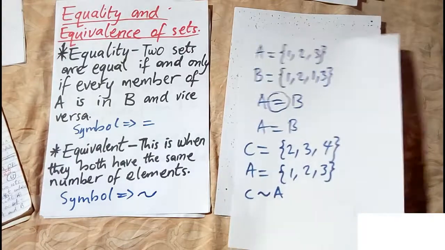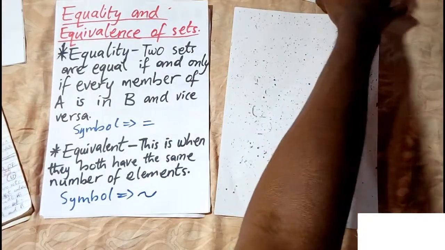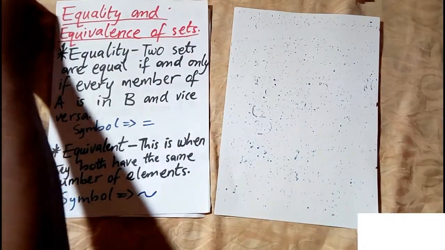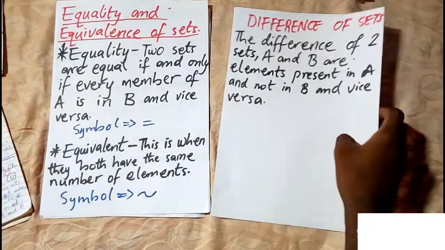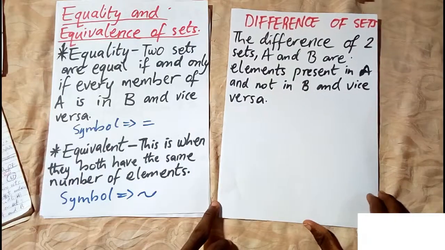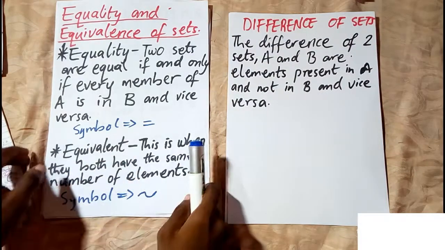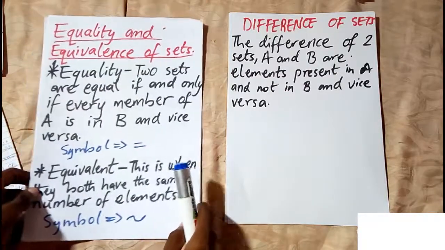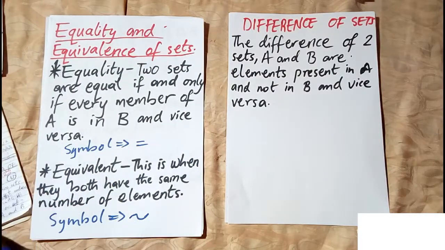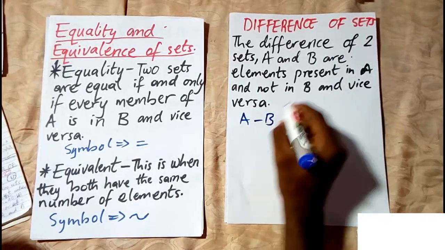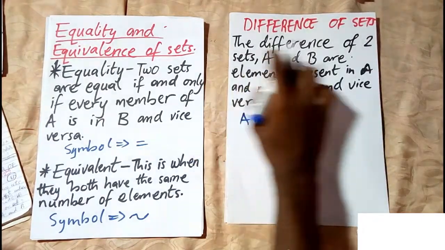Now we move on again. All these are terms and terminologies. Set theory has terms and terminologies that we can use to understand further topics, just like every other topic. The next topic is the difference of two sets.